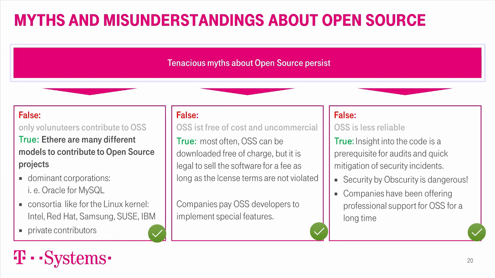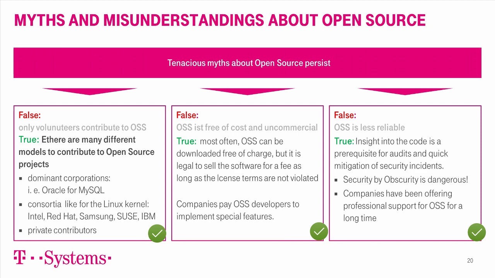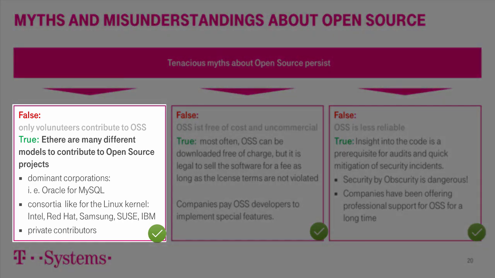There persist a few tenacious myths about open source. The first is that only volunteers contribute to open source software. This is not true. The truth is that there are many different models of how to contribute to open source projects. For example, there are companies who are more or less in control of open source.